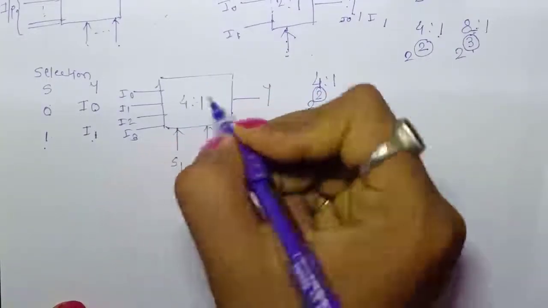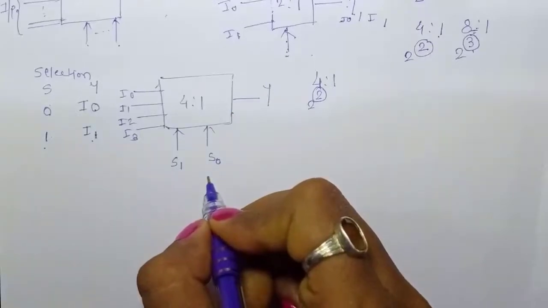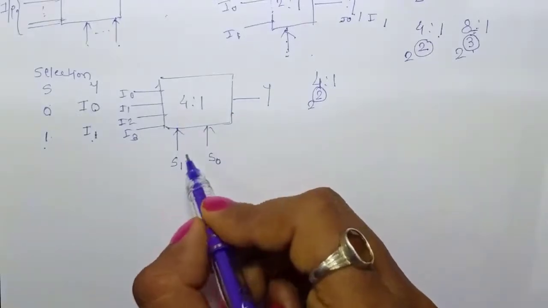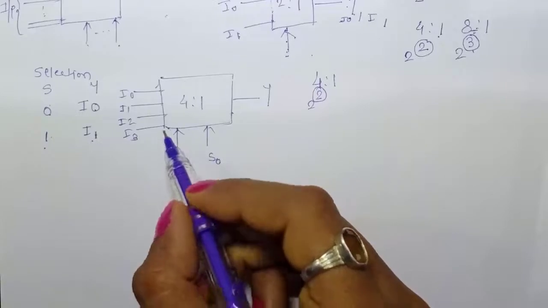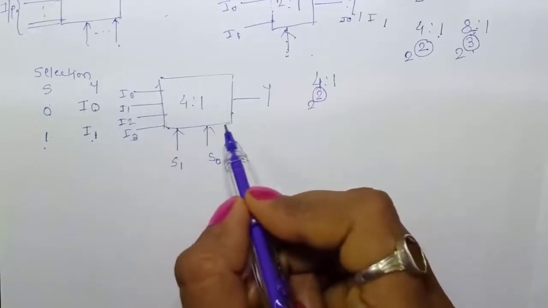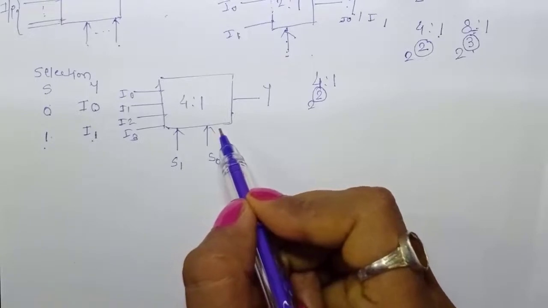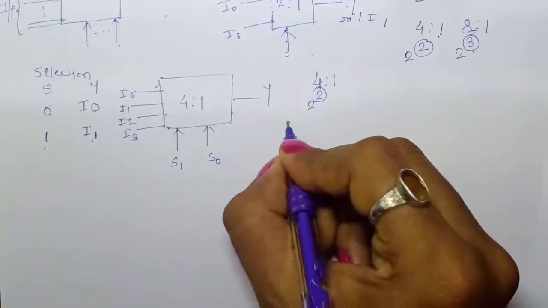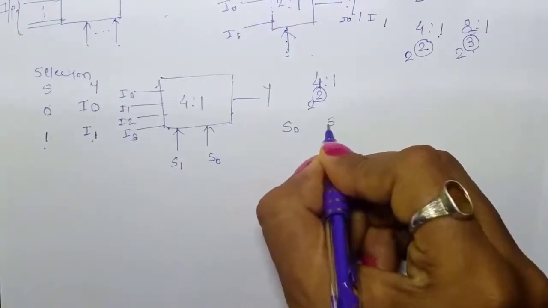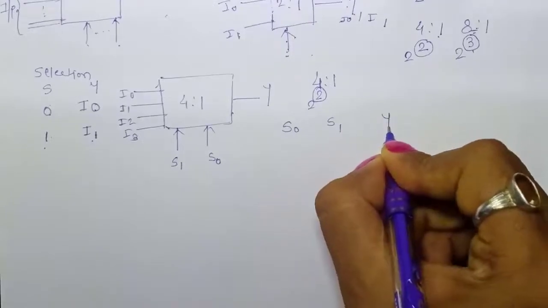This is a 4:1 multiplexer. Depending upon these 2 selection lines, we can select any one of the inputs as an output. So the truth table for a 4:1 multiplexer is as follows. 2 selection lines, S0, S1 and 1 output.